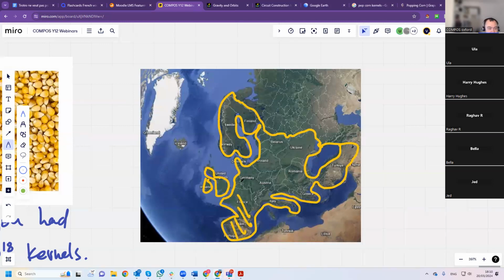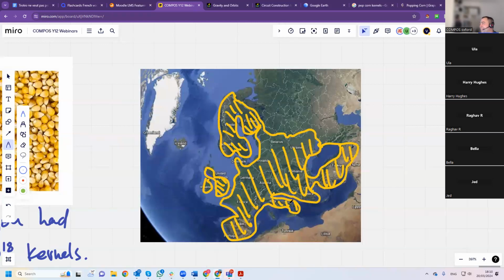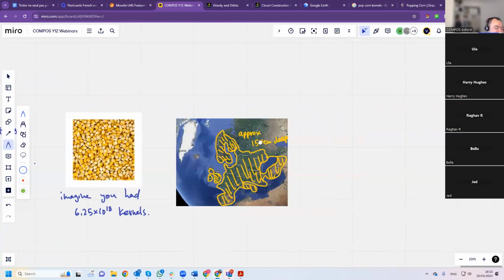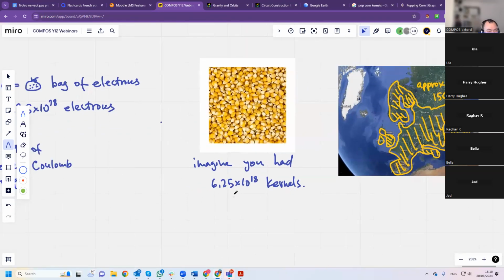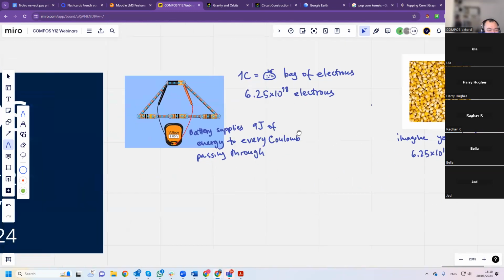You could cover all of this area with unpopped popcorn to a depth of about 1.5 meters, approximately 150 centimeters deep. This is how big this number is. Okay, I couldn't resist. The number of electrons in a coulomb is absolutely massive.